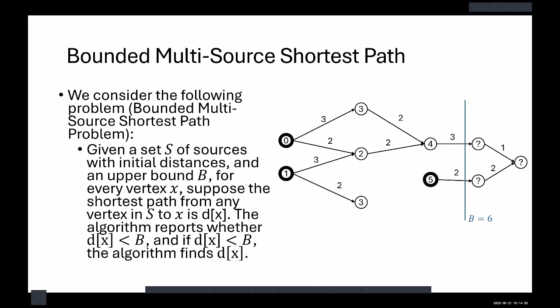Because it's more than the bound. 5 plus this edge will have a distance of 7. Oh, and the 5 is the distance. Initial distance, yes, those are the distances. Oh, those are not vertex indices. Okay.